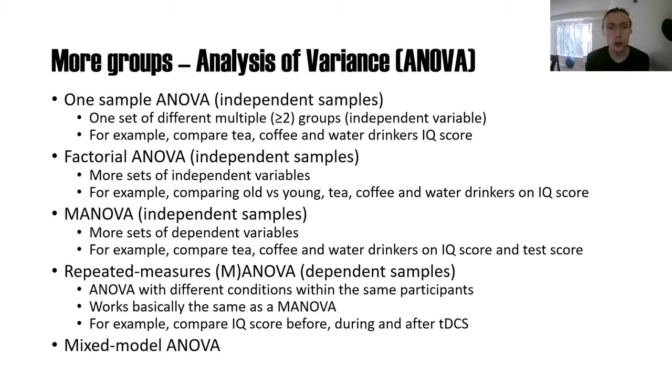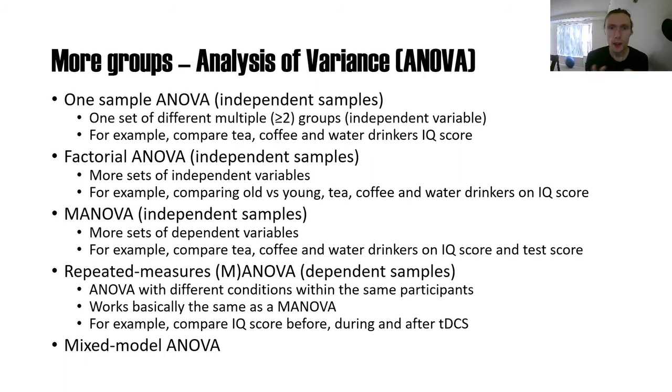For example, you could also look if some people who got a medication or some people who didn't get a medication differ on both reaction time and accuracy, which are also two measures, and then you could look at them at the same time.